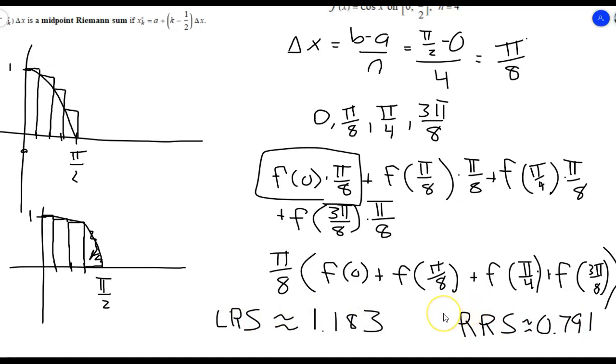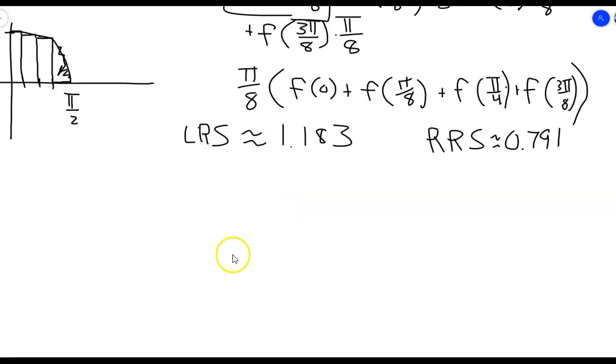And just so we feel a little bit of satisfaction, I'm going to do a definite integral a little bit earlier than I should, because I want to find out what the exact area is. To find the exact area under the curve, I'm going to set up a definite integral going from 0 to pi over 2 of the cosine of x dx.